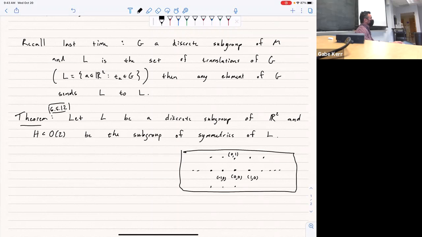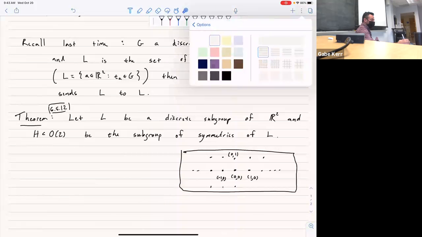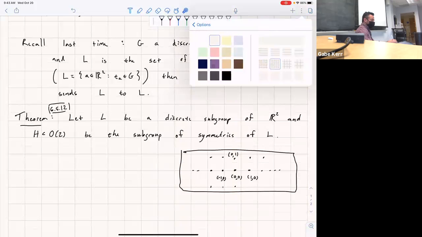There will be a new thing that wasn't there before. I'm looking for this group, this H. I'm asking what are the symmetries of this lattice?